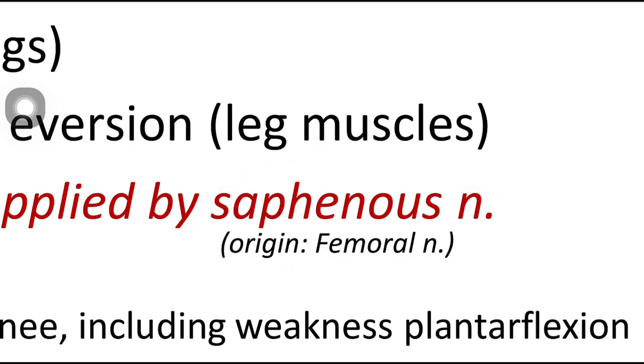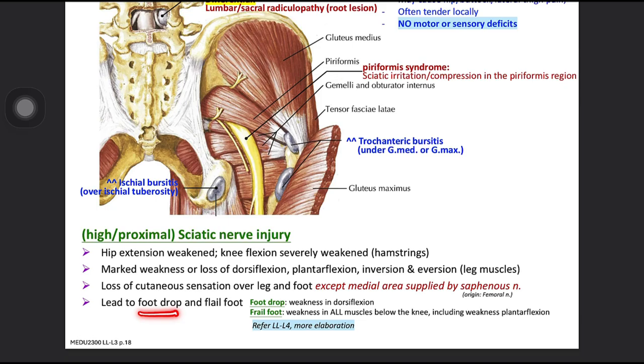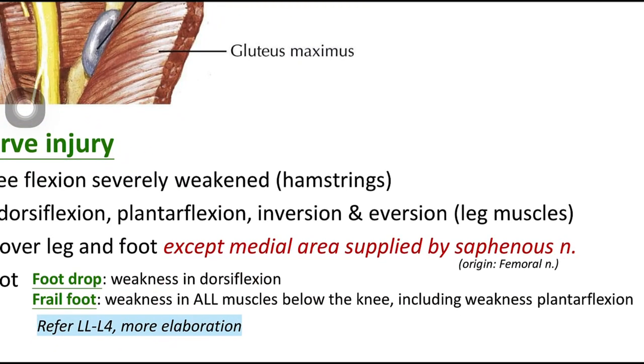Remember the femoral nerve, the one in the front? It is still working. That's why this is a unique way to identify the root problem. Because of this, it will lead to foot drop, or the flail foot, with weakness in dorsiflexion and weakness in all actions below the knee.